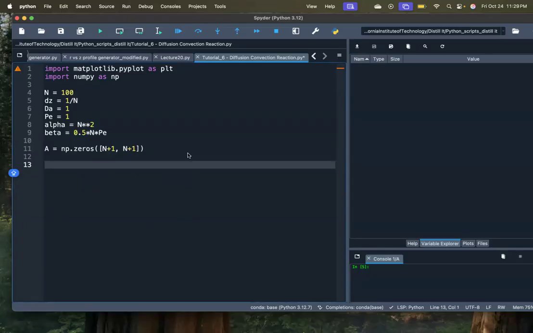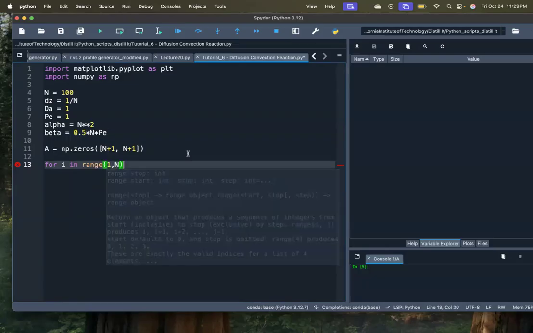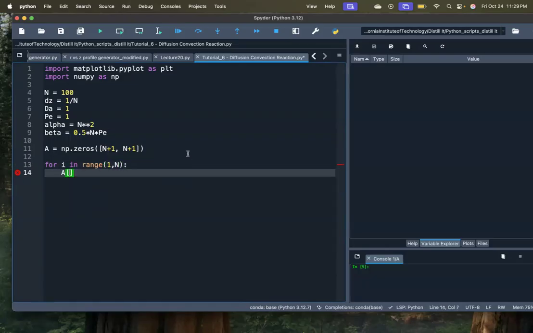Now let's go ahead and formulate the matrix in the general fashion. We can start by saying for i in range 1 comma n, A[i, i-1]. This is the element towards the left. There are 3 elements. So the leftmost element is alpha plus beta.